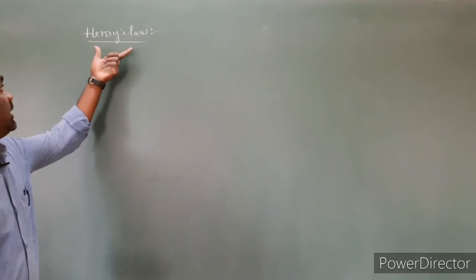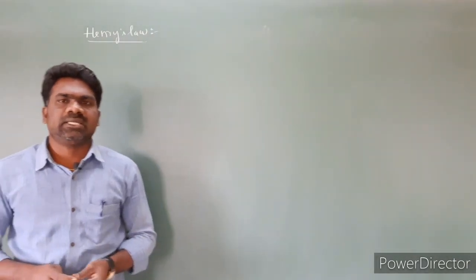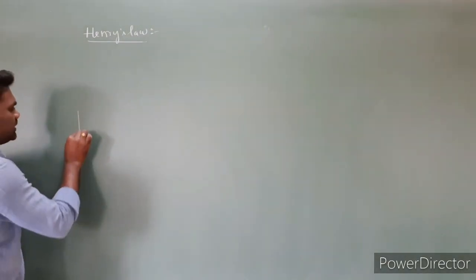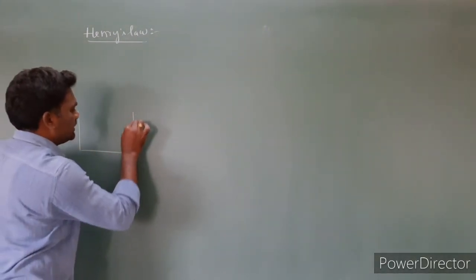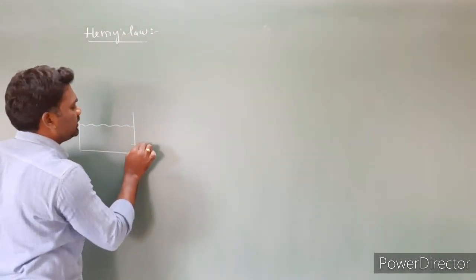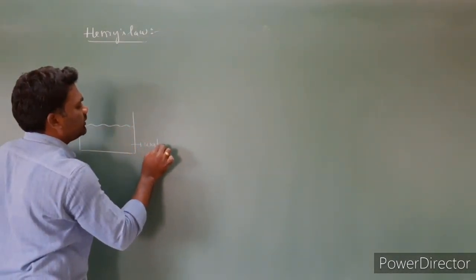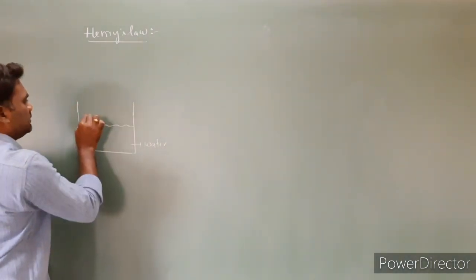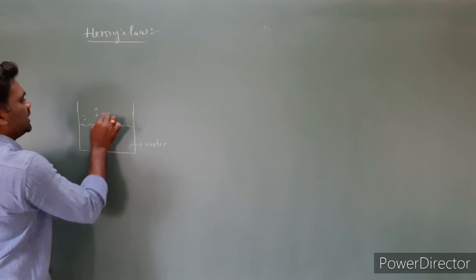Next, Henry's law. Let us understand Henry's law by taking an example. I am taking a beaker, imagine it is a container or vessel, filled with liquid water. Upon its surface there are gas molecules, any gas you can take, like carbon dioxide or oxygen. This is the liquid, and upon its surface there is a gas.